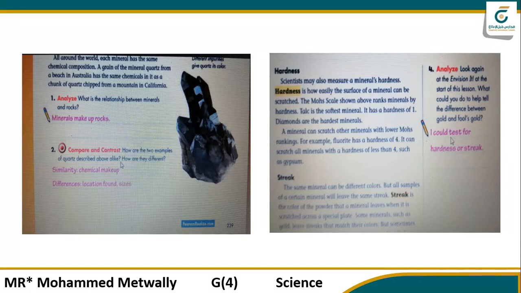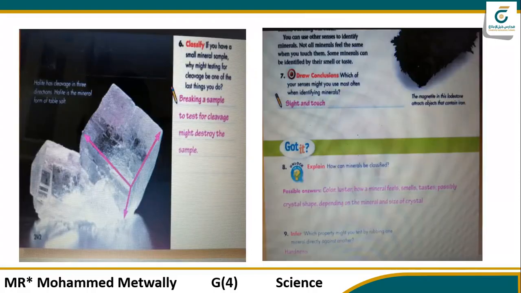So number 1, for example, at your left hand side: analyze what is the relationship between minerals and rocks. What is the relationship between minerals and rocks? Yes, minerals make up rocks. That's right. Thank you. And so on. Here is the model answer of all the questions. I put it here for you to be easy to study from your home.